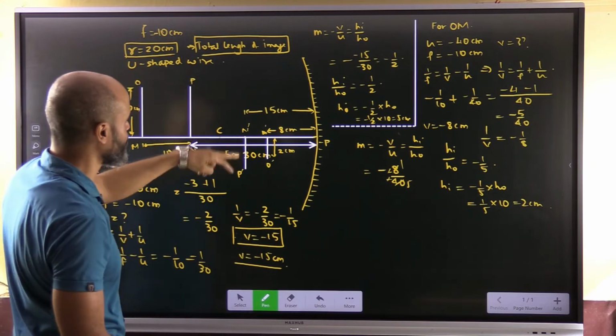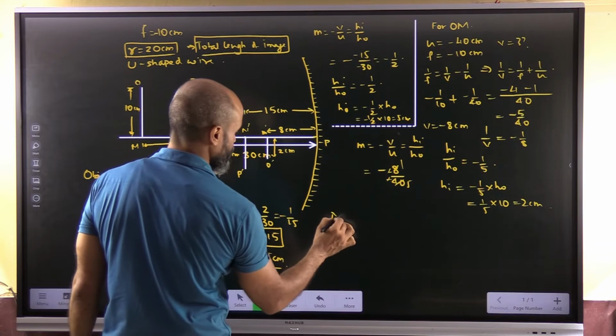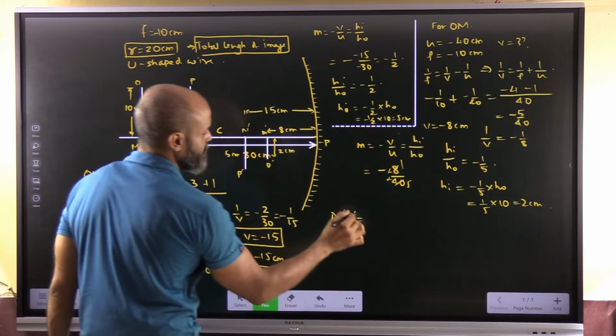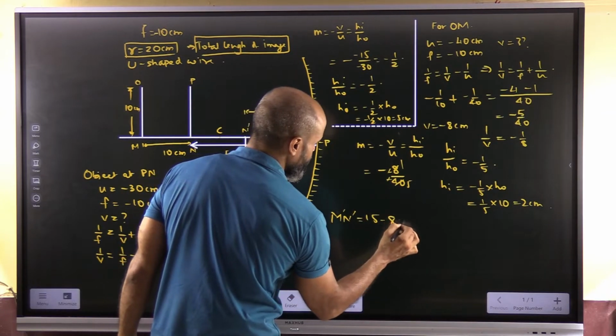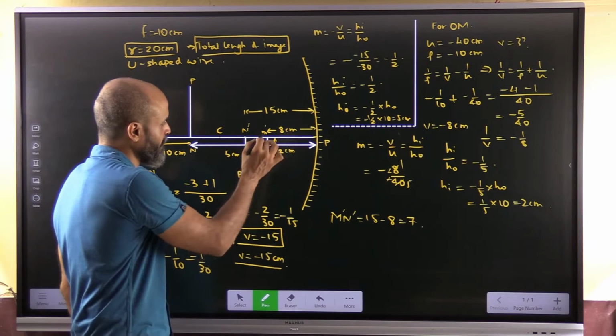Okay. So what will be the length here? M' N' obviously will be equal to how much? M' N' will be equal to 15 minus 8, that is going to be 7. And this is 5 and this is 2.